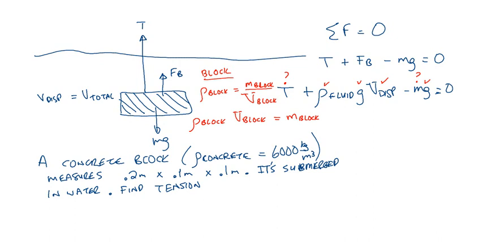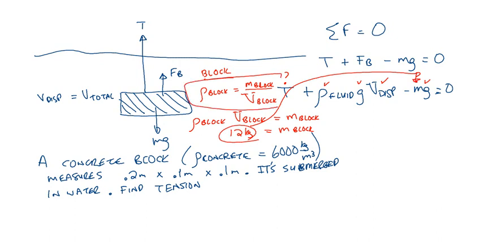So right here, all I have to do is say, well, I've got something that is 6,000 kilograms per cubic meter, and I want to multiply that by the dimensions, 0.2 times 0.1 times 0.1, and I've got myself a 12 kilogram block for the mass of the block. So sometimes you have to do that and then take that number and drop it in right there. This is your get out of jail free card. When you seem to get stuck, go back to the density formula and think about the object itself. And I think you can see where that's going.